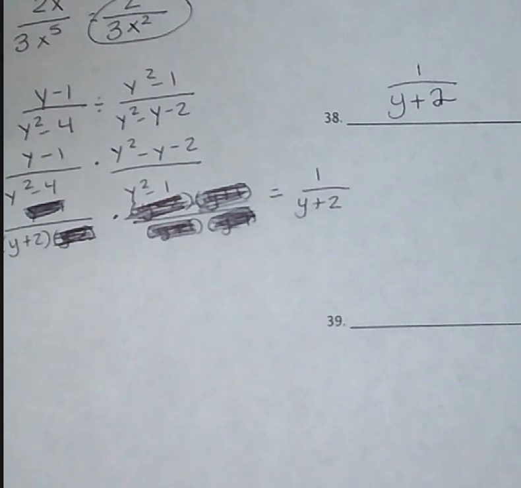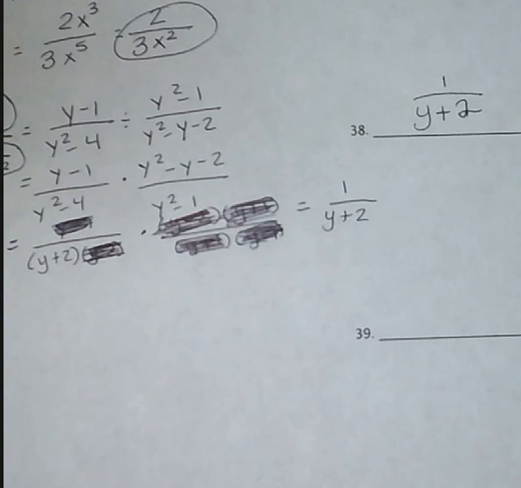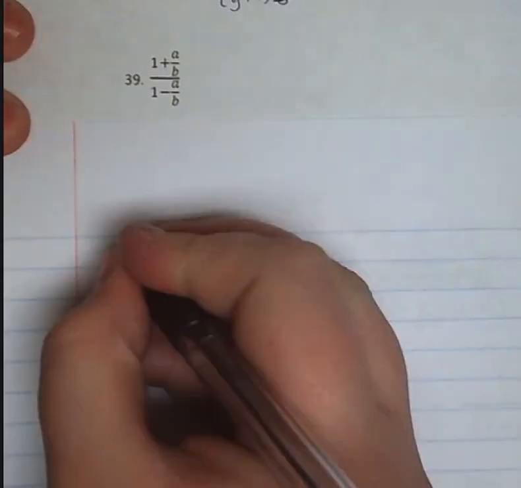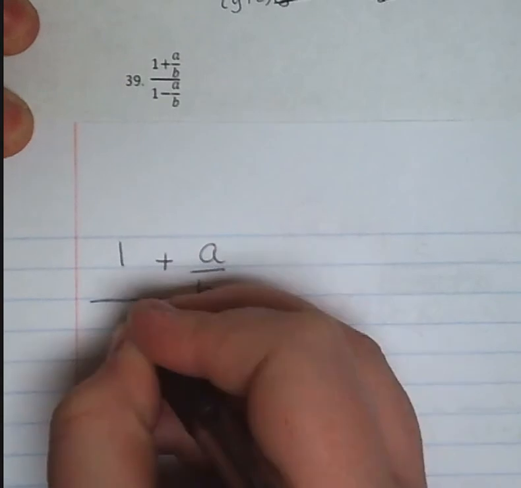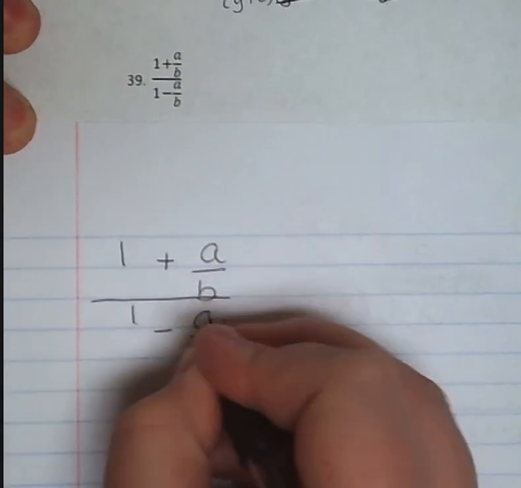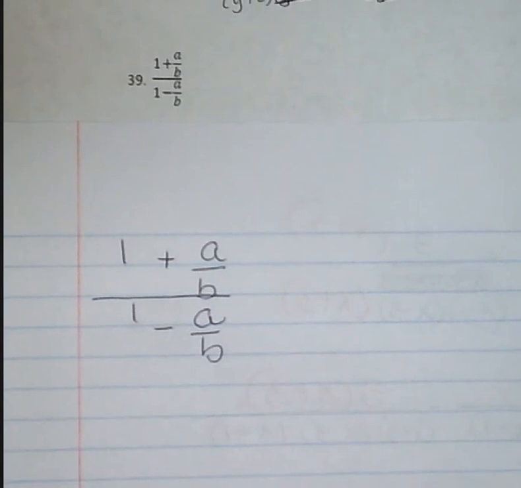Okay? So now on number 39, I'm actually going to do this one on a separate sheet of paper just because this is such small type, it's really hard to see. So that gives us 1 plus a over b over 1 minus a over b. And I'm actually going to zoom back out now since I'm doing that.